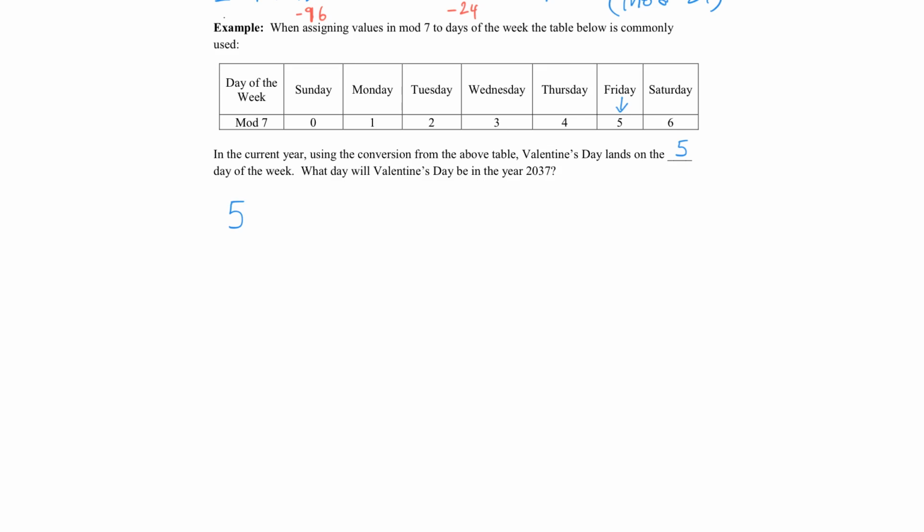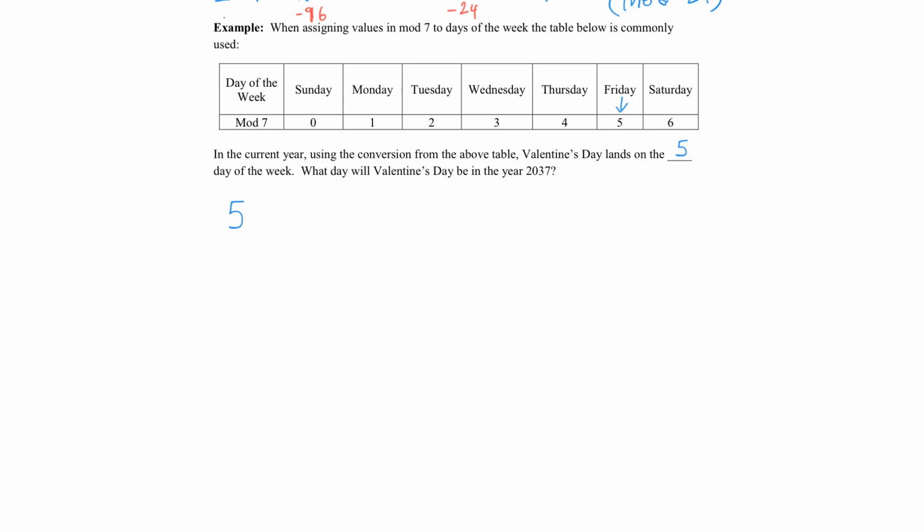So we're advancing along this loop around and around and around, starting at Friday, going around and around and around until we hit 2037. We just have to make sure we get the amount of counting that we do in this loop correct. So the first thing that we'll count is the number of years.